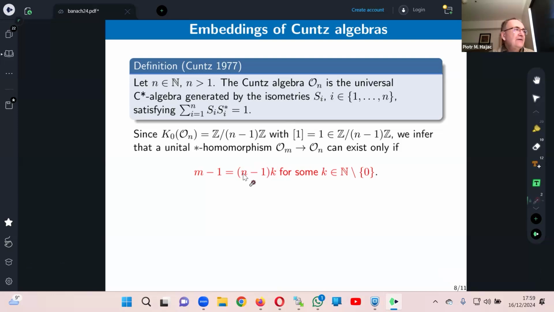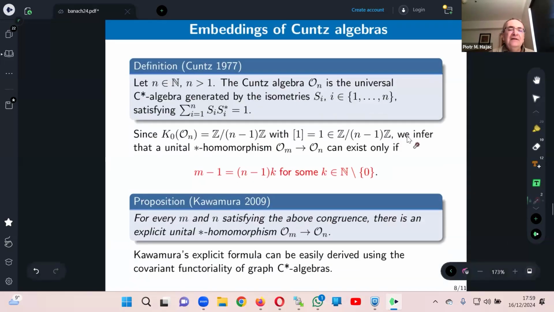But here we are in the realm of simple C*-algebras that fall into the Kirchberg-Phillips classification. And if I understood what Søren Eilers was explaining to me, what happens is that here everything which is allowed by K-theory is actually implementable. But it doesn't mean that you have a formula.